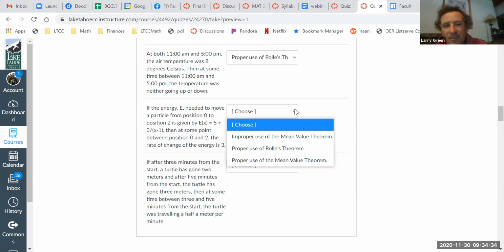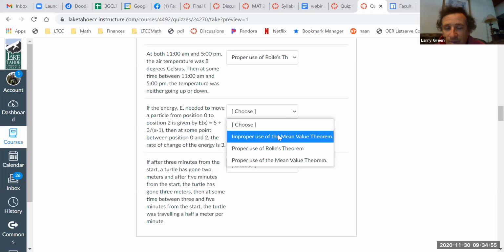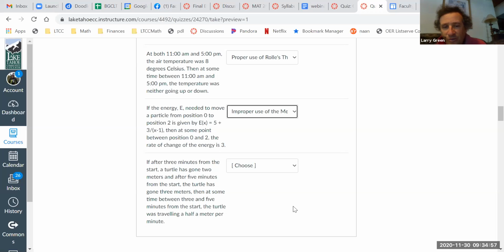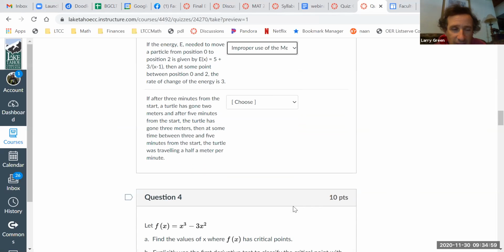The problem is that the function 5 plus 3 over x minus 1 is not differentiable at x equals 1. And if it's not a differentiable function on the interval, then you can't use the mean value theorem or Rolle's theorem. So this is an improper use of the mean value theorem because we have a non-differentiable function. Let's look at the third one.